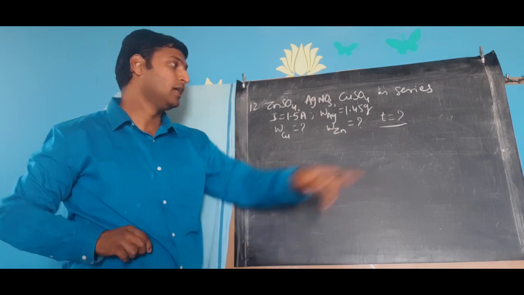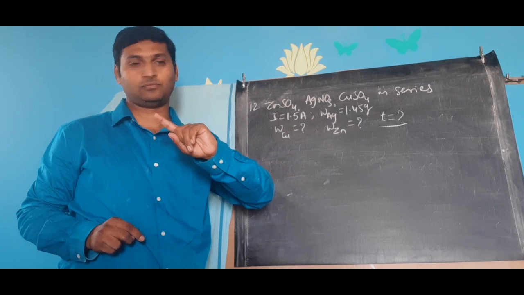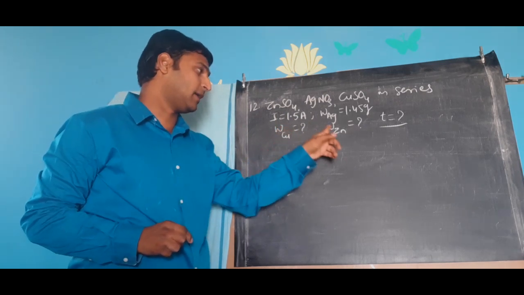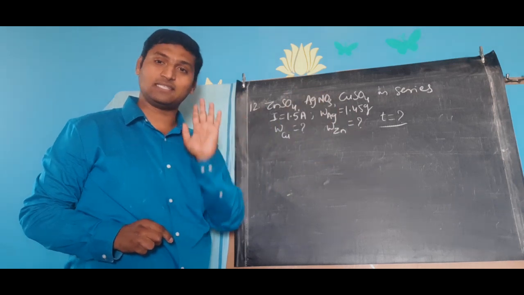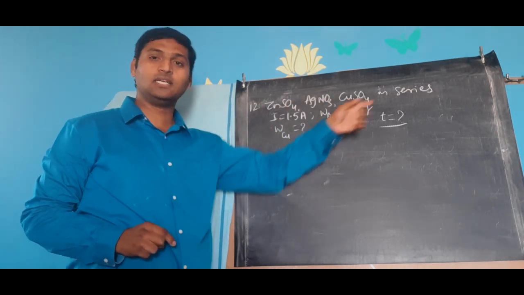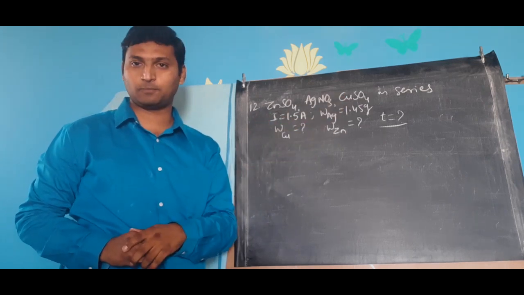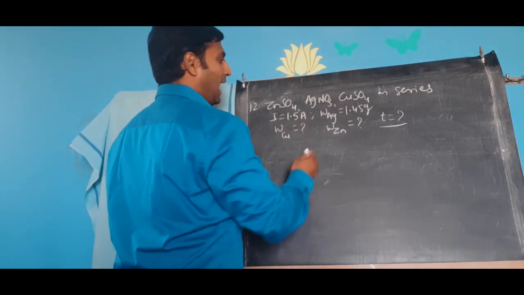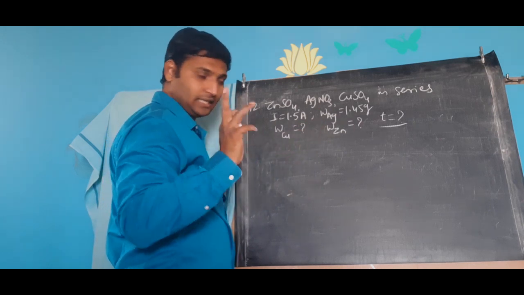Now you see, to find out time is Faraday's first law, whereas to find out weights of copper and weights of zinc, because he has already given weight of silver, is Faraday's second law. First let us do this, then we will go to calculation of time by taking any one of these three quantities. As I have already explained, copper equivalent weight is going to be 32.